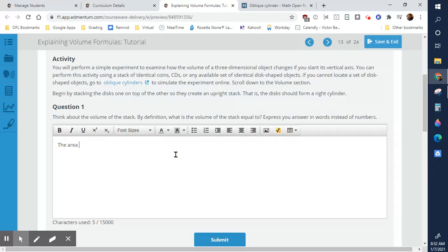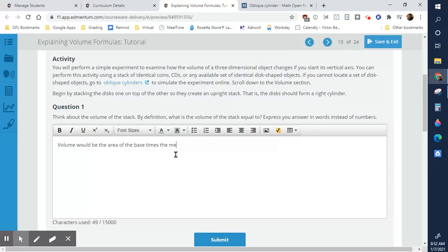Well, I'll say it all because we should be using complete sentences for this. Volume would be the area of the base times the measure of the height.